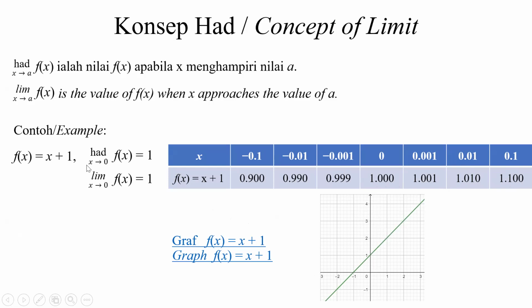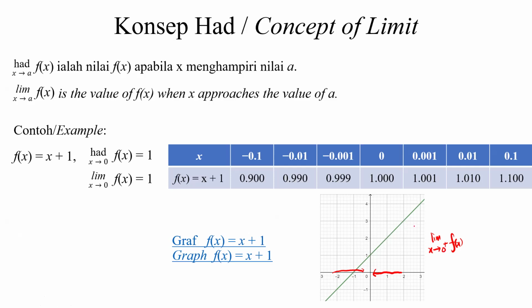Now, the idea of x approaches 0 means what? As your x goes near to 0 from the right and from the left, so as the value of f(x) when x approaches 0 from the positive side, means from the right.